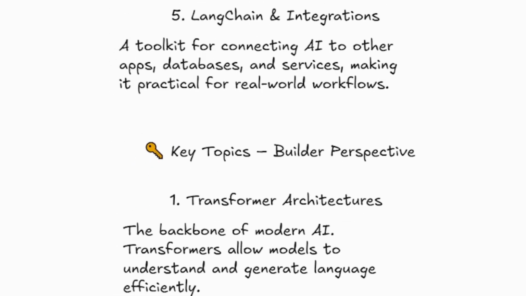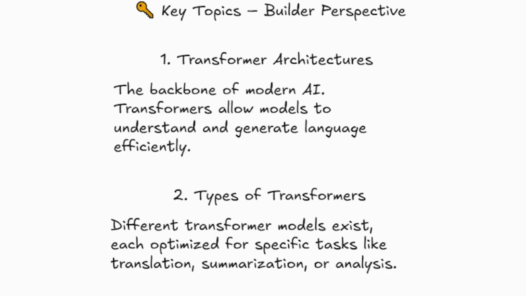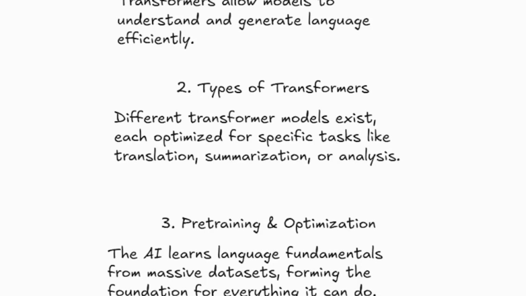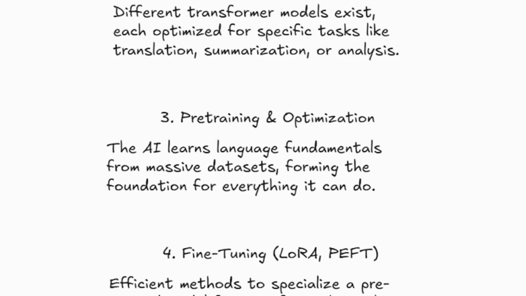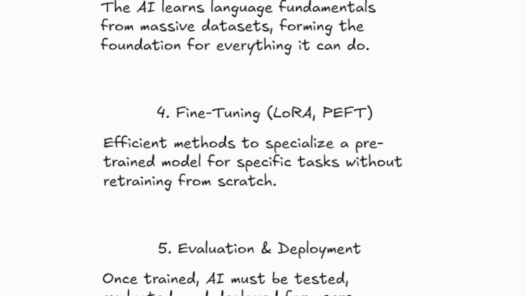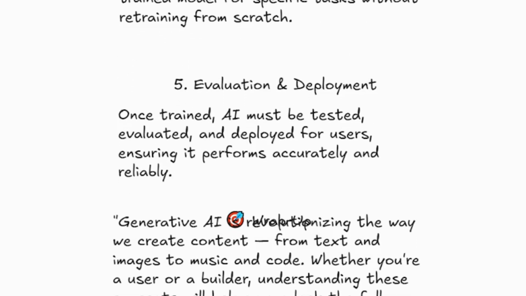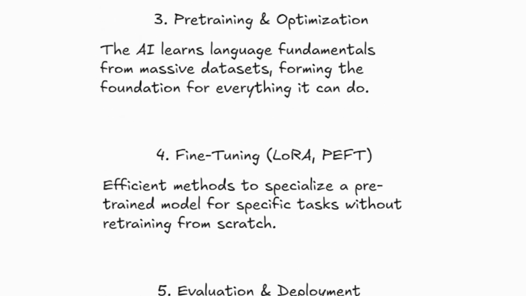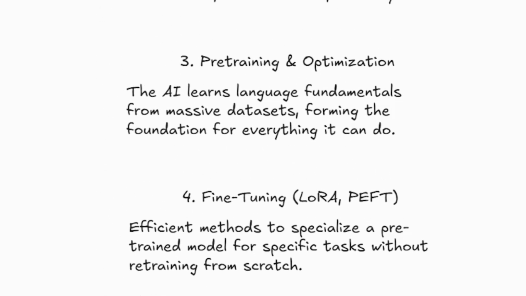In this perspective, we learn transformer architectures, types of transformers, encoders, decoders, and encoder-decoders, both pretraining and optimizations, fine tuning, evaluation, and deployment. What is our goal? Our goal is to learn everything that is included or important in generative AI.